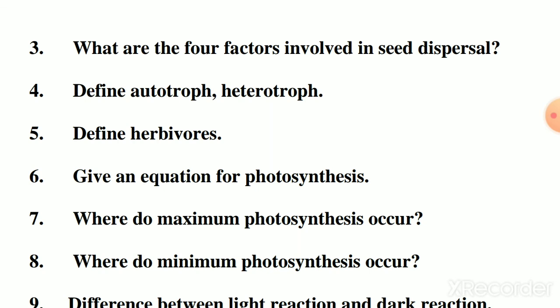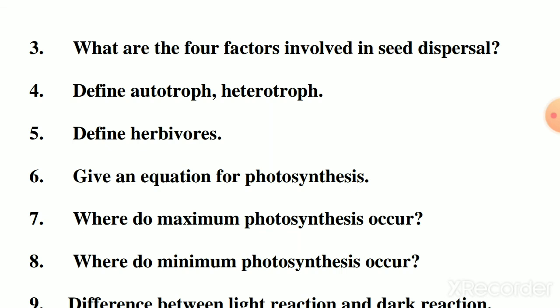Autotroph means the plants which prepare food for themselves. The organism which cannot prepare its own food is called heterotroph. Herbivores eat only plants, for example, cow. Give the equation for photosynthesis: 6CO2 plus 6H2O, in the presence of chlorophyll and sunlight, produces glucose, C6H12O6, plus 6O2.